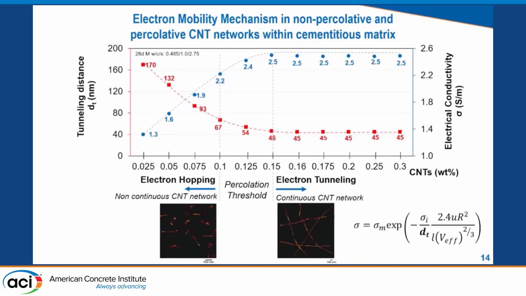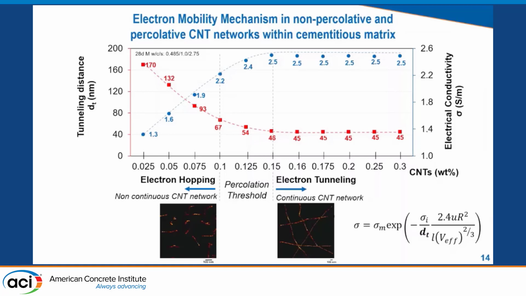Here I included a relationship between the tunneling distance and the electrical conductivity. What is clear from these results is that the tunneling distance decreases up to 0.15% from 170 to 46 nanometers, and then reaches a plateau at around 45 nanometers.